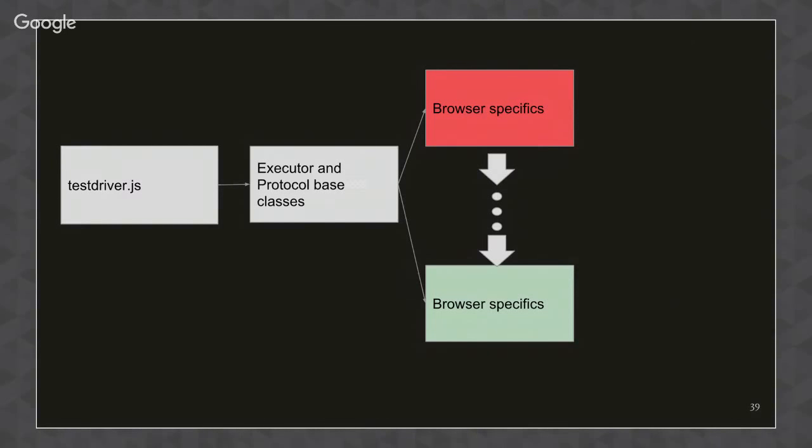Then we modify the executor and the protocol base classes, and then we get into browser-specific implementations. Whatever vendor you're doing things for, if the first two steps are worked out, the rest of the work can be delegated to whoever owns that certain part or that browser.